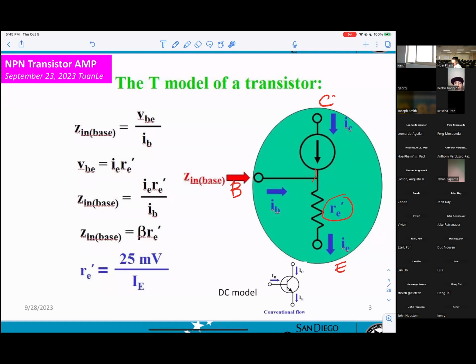Finally, input impedance equal beta times r'e. Okay. That means if you're looking into the base of the amplifier, then you get a resistance, and that resistance equal beta times r'e.